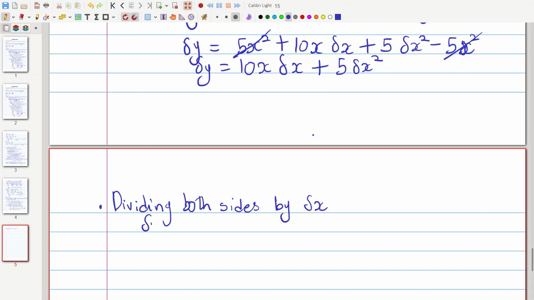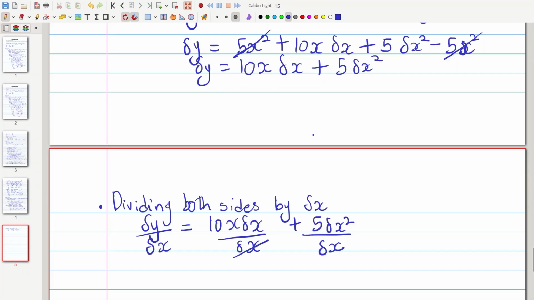So this will be delta y divided by delta x will give us 10x delta x all over delta x plus 5 delta x squared all over delta x. So this cancels this. So this will be delta y all over delta x equals to 10x plus 5 delta x.